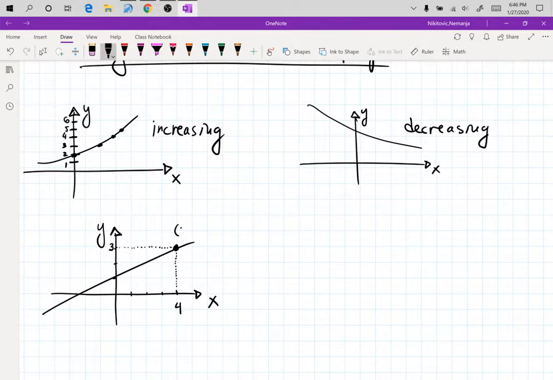So this ordered pair is 4, 3 as a location on the graph. I also have that it goes through 1 on the Y-axis. And I can use this information to calculate the line.